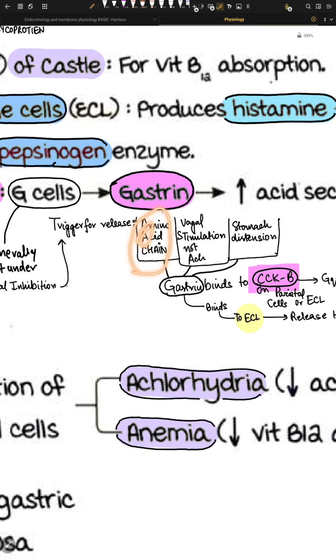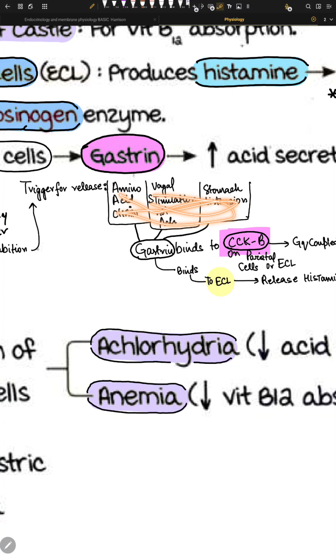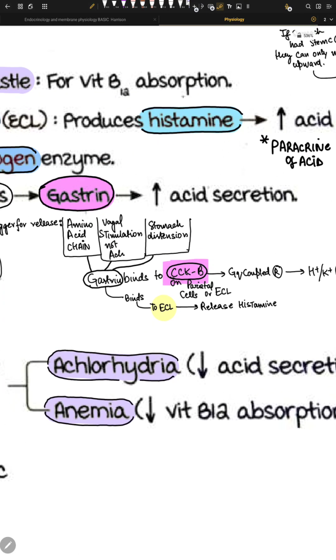Amino acids, it means protein, vagal stimulation, right? But that vagal stimulation is not acetylcholine here, okay? Some other sort of vagal stimulation, okay? Or stomach distension. Stomach distension means your stomach is getting distended because you ate something. So all three of these lead to gastrin, which is this product, right?